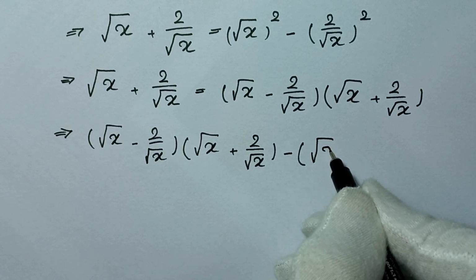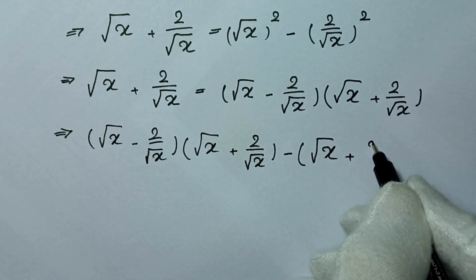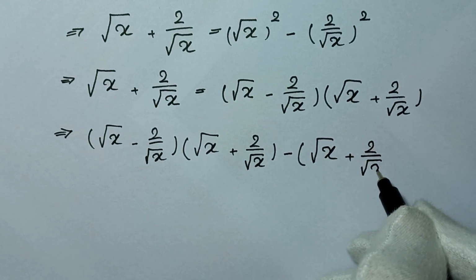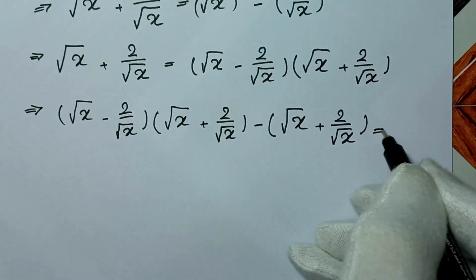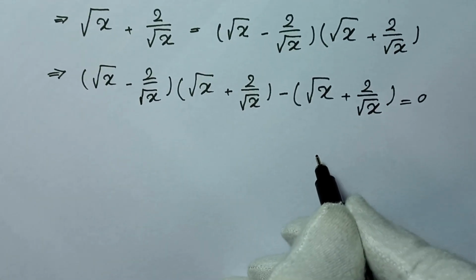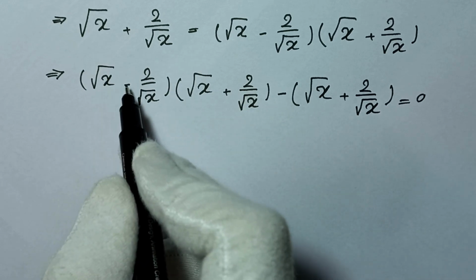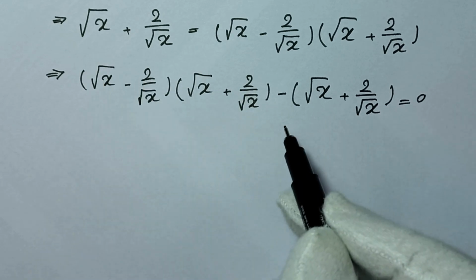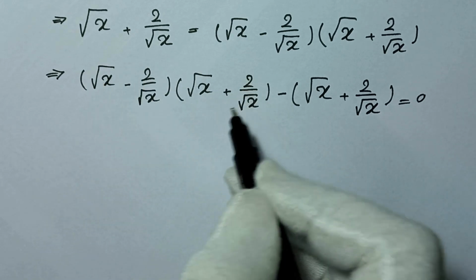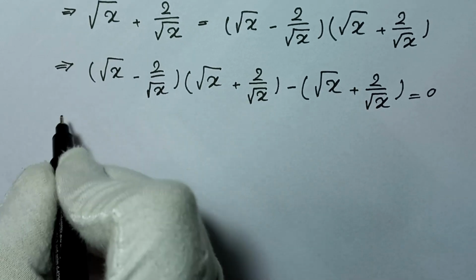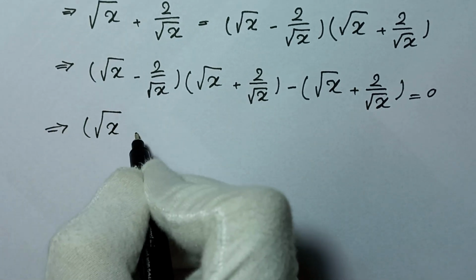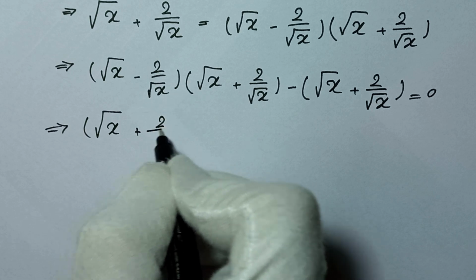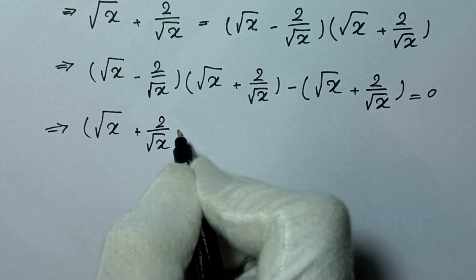Square root of x plus 2 over square root of x is equal to 0. And in the next step, square root of x plus 2 over square root of x is common, so we factor square root of x plus 2 over square root of x.